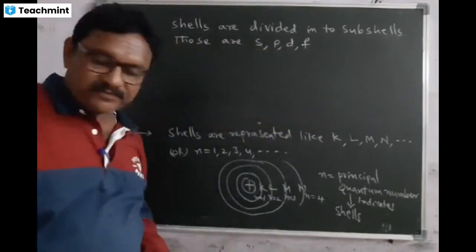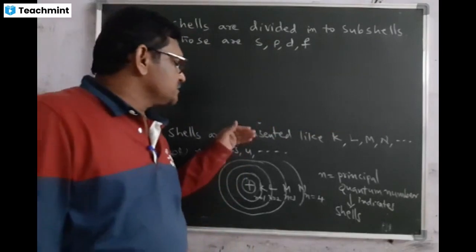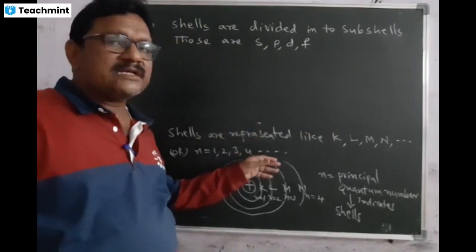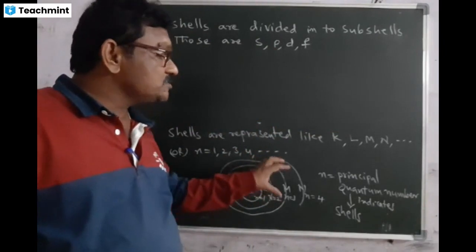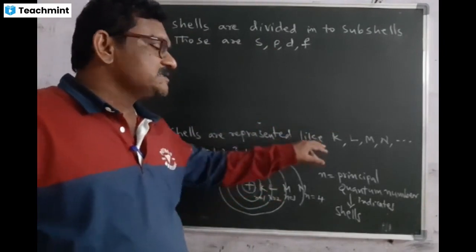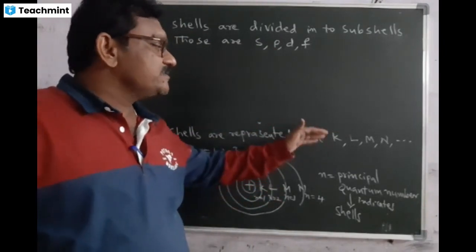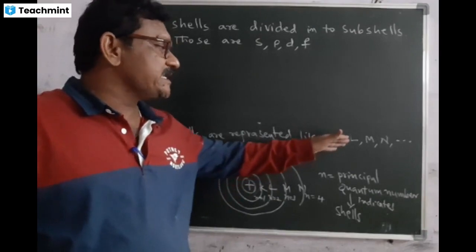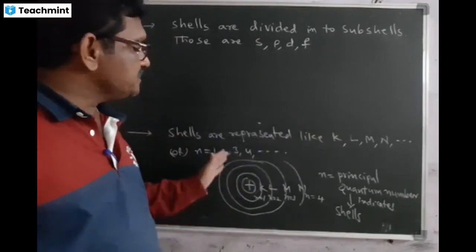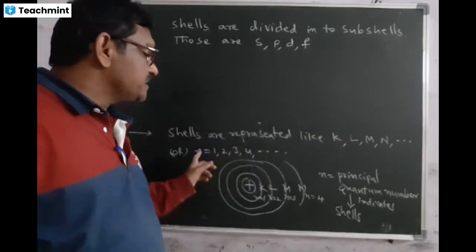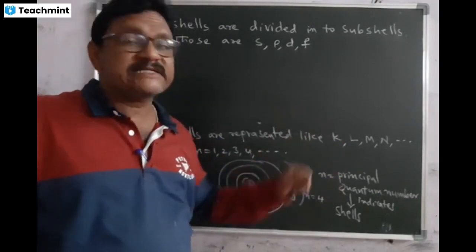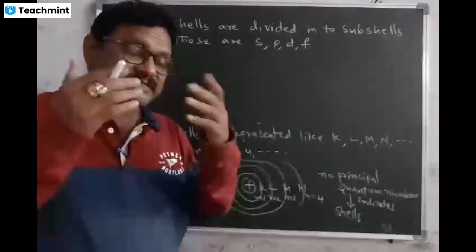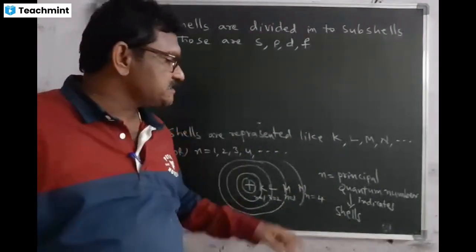Okay, from that what you can understand: the electron revolving around the nucleus in a circular path, those paths we call cells, which are represented by capital letters K, L, M, N, or n is equal to 1, 2, 3, 4. n is called the principal quantum number. Actually, it was proposed by the scientist Bohr. That thing we will study in higher classes.